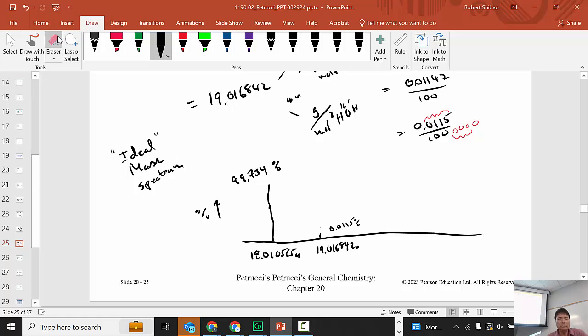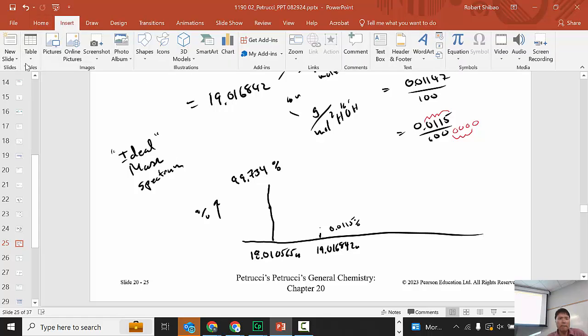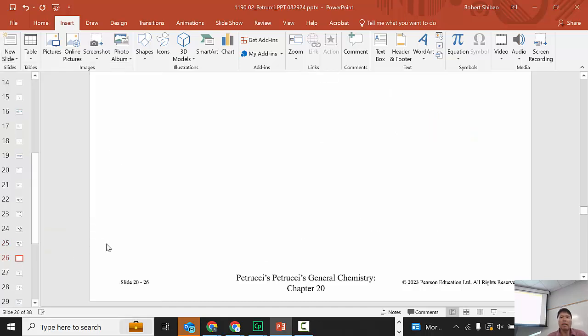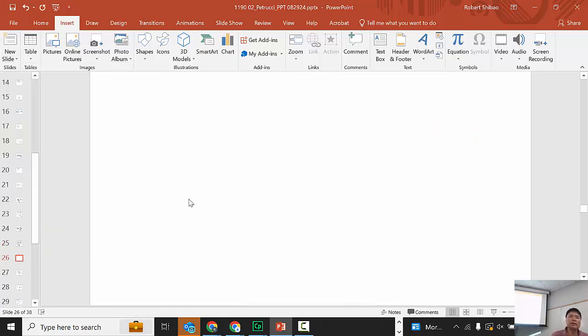Now, if I build this molecule, say I grab a hydrogen and it comes out H1, and then the oxygen comes out as O16, but the second hydrogen I grabbed was an H2. Will this weigh the same amount?